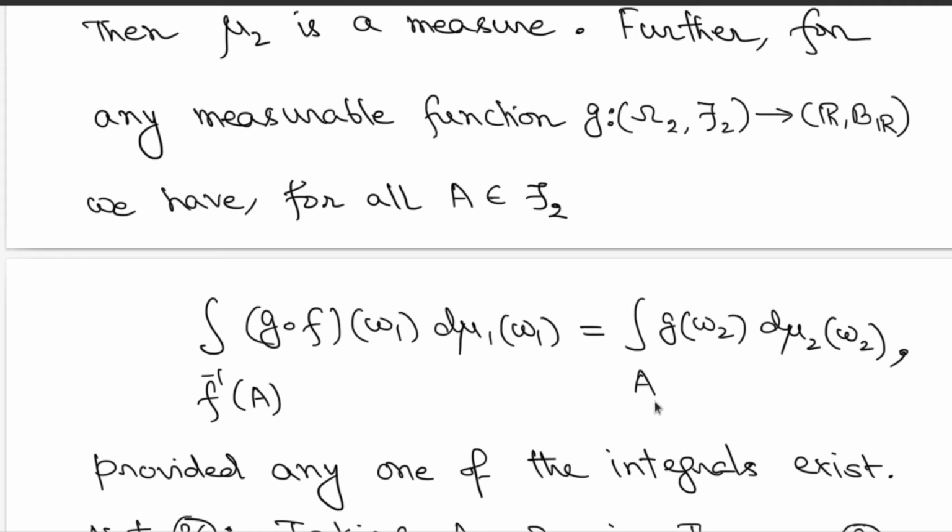But note that corresponding to the integration over a set capital A on the range side, you are going to look at the integration over the pre-image of that set. That's where the integration will be concentrated when you are considering the domain side. So this is the relation that will allow you to change measures from mu1 to mu2 or mu2 back to mu1. This relation will hold when at least one of the integrals exists.